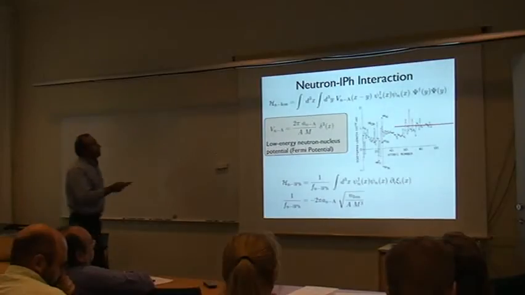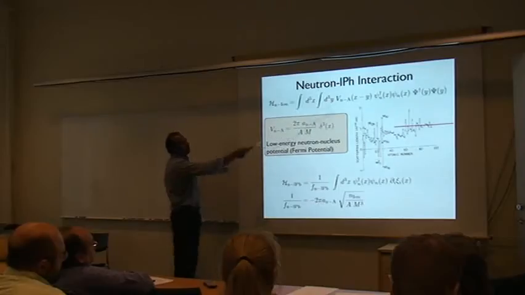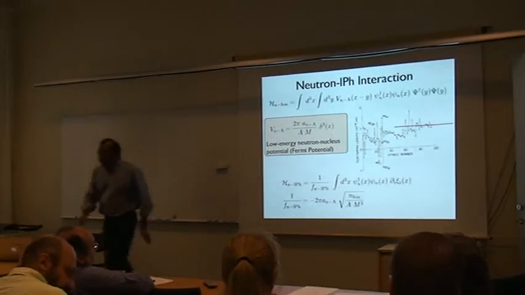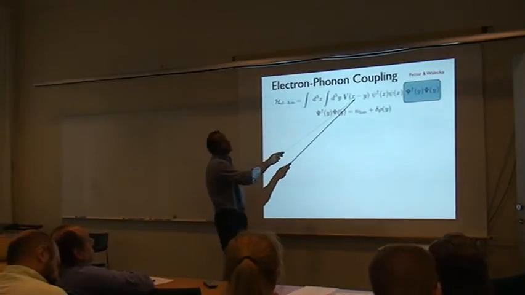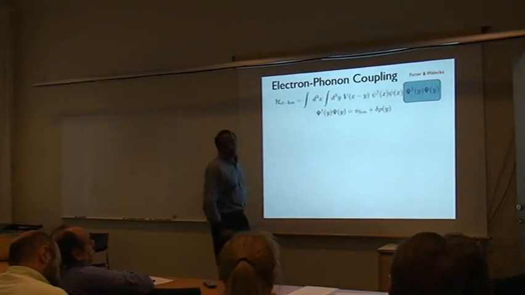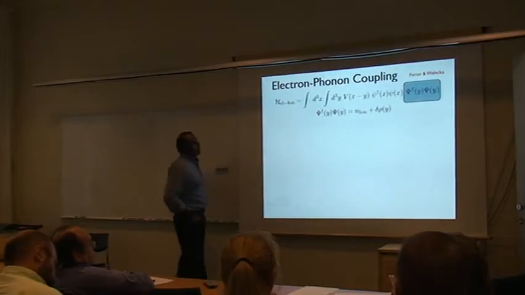You can also now couple neutrons to lattice phonons in exactly the same manner, but now you need a different interaction. In the previous slide, this interaction was the highly screened Coulomb interaction between the electron and the ion, so this was essentially a short-range interaction.